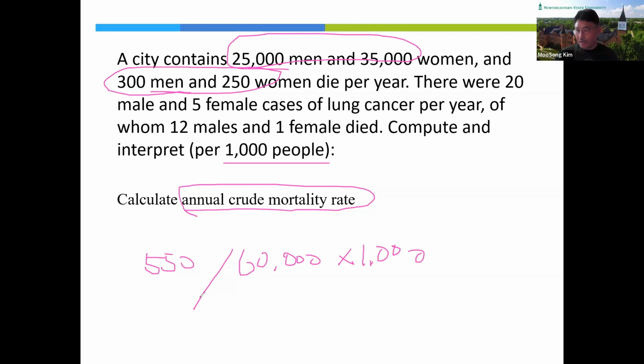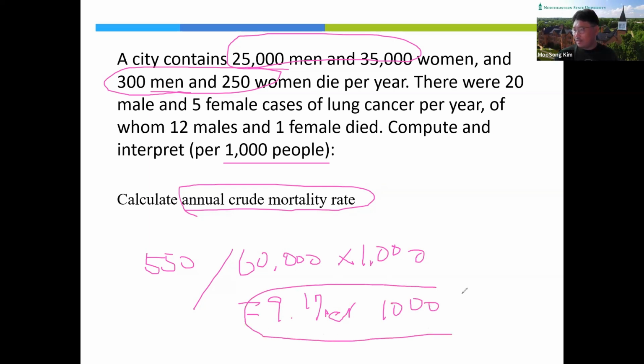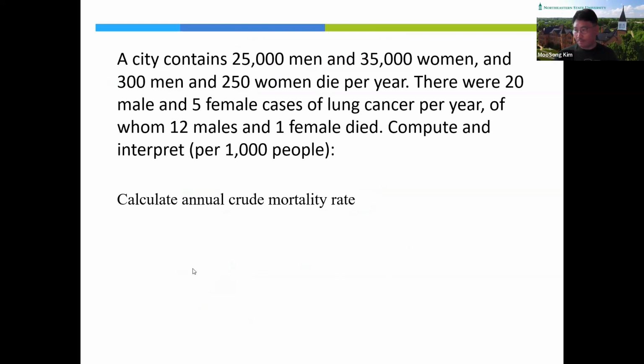So we get 9.17 per 1,000 people. So we got this number for the annual crude mortality rate. Very good.